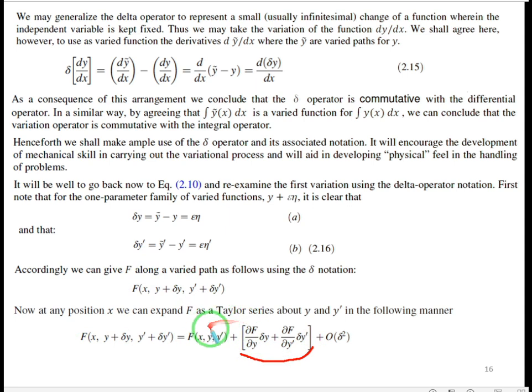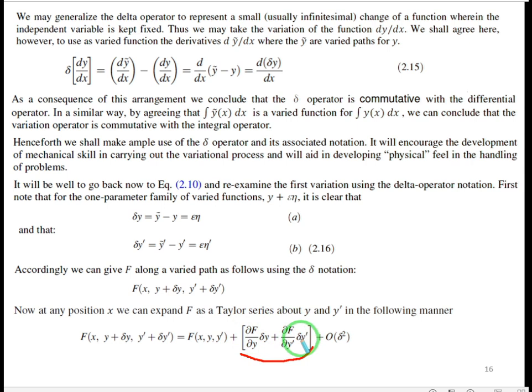The first variation of f is equals to partial derivative of f with respect to y multiplied by delta y plus partial derivative of f with respect to y dash multiplied by delta y dash.